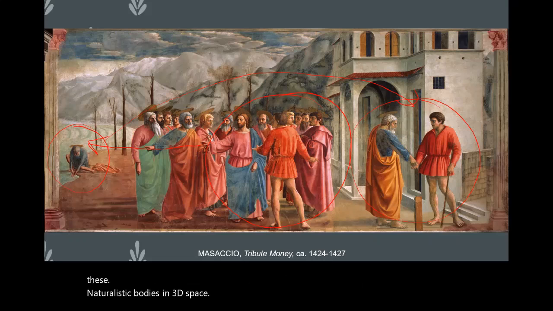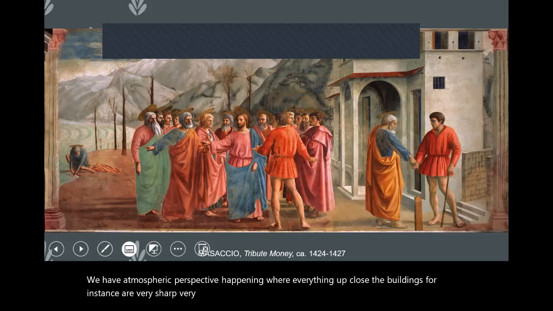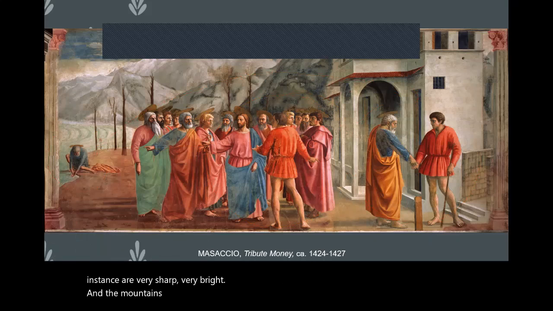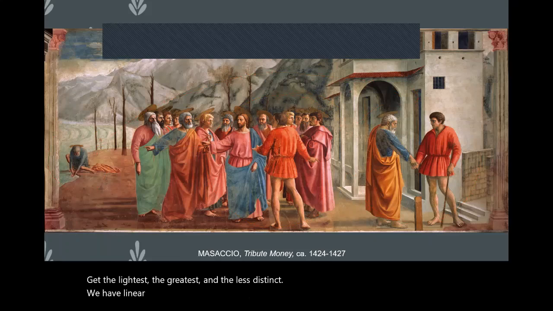We have atmospheric perspective happening, where everything up close, the buildings, for instance, are very sharp, very bright, and the mountains in the far distance, especially to the left, get the lightest, the grayest, and the less distinct.